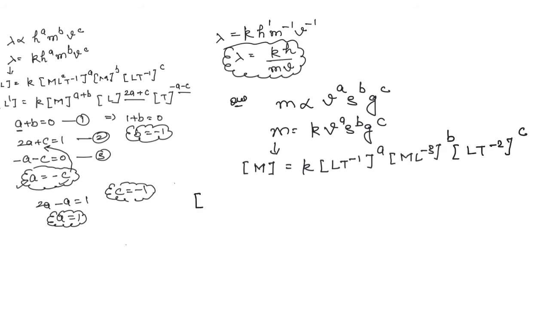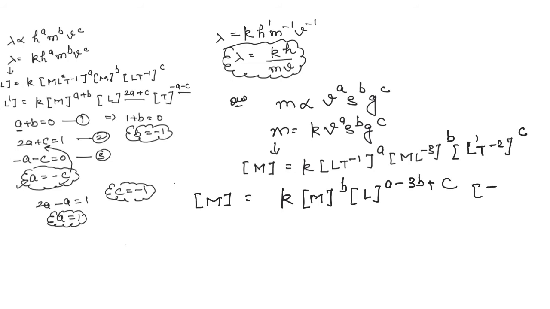So we have m equals k, then M raised to power b, L raised to power a, L raised to power minus 3b, and L raised to power c.